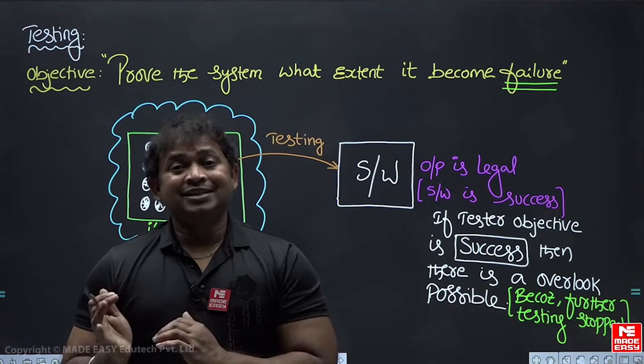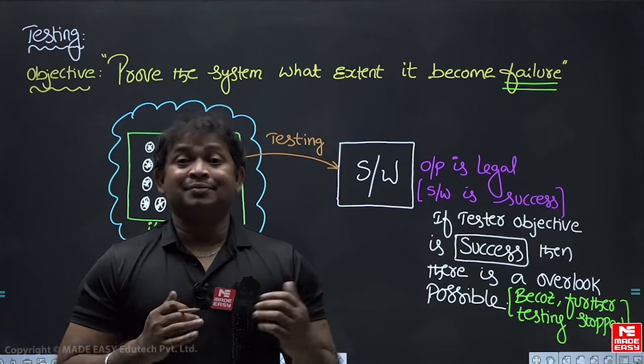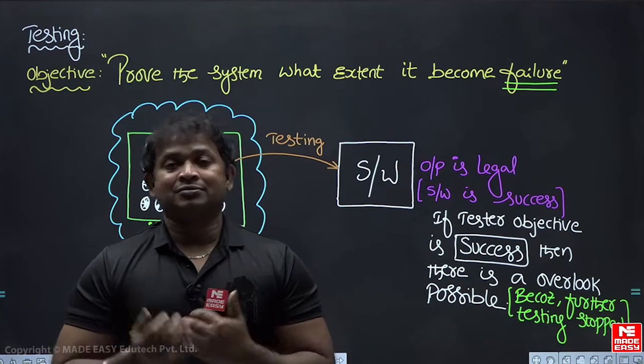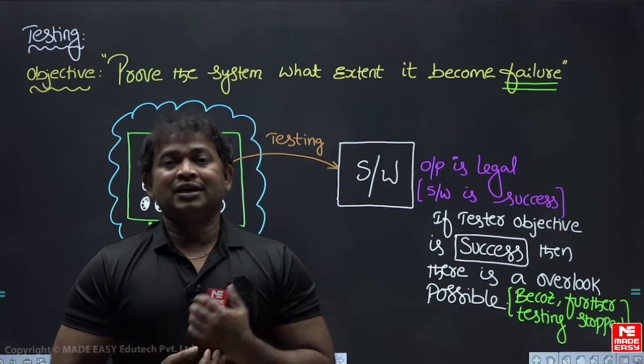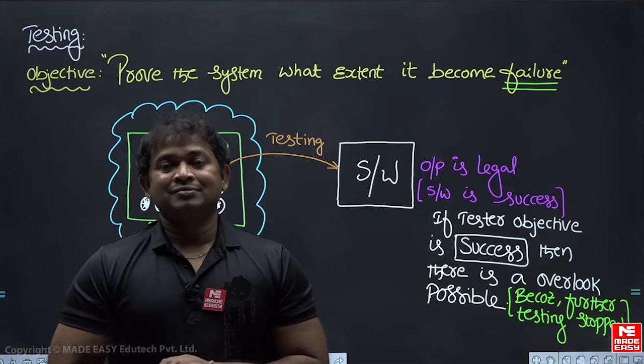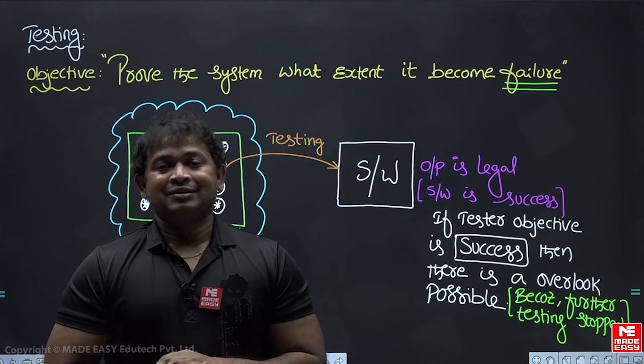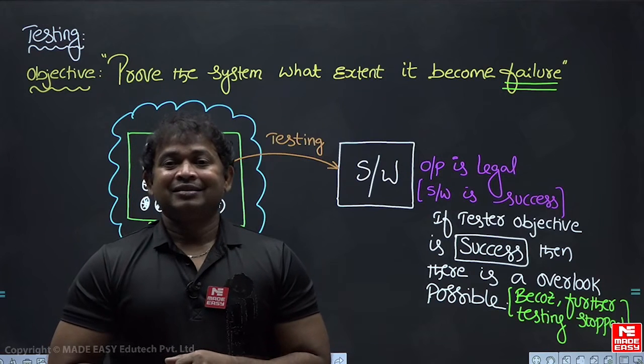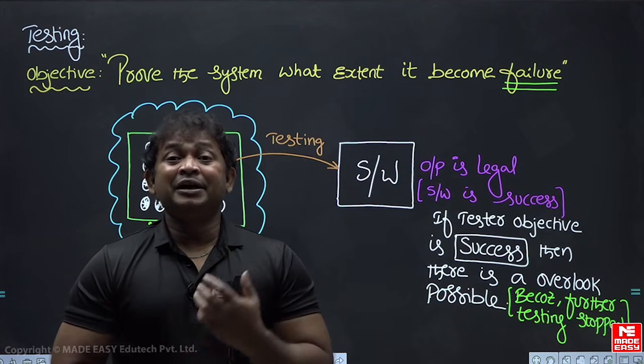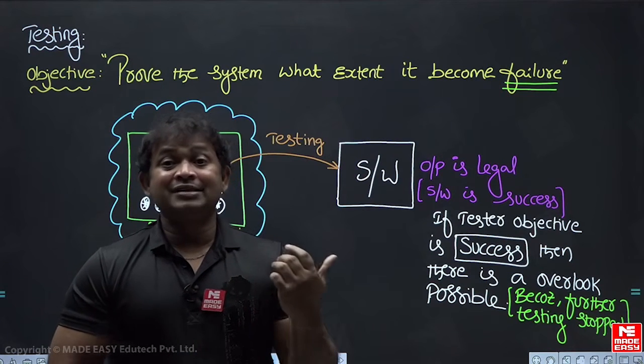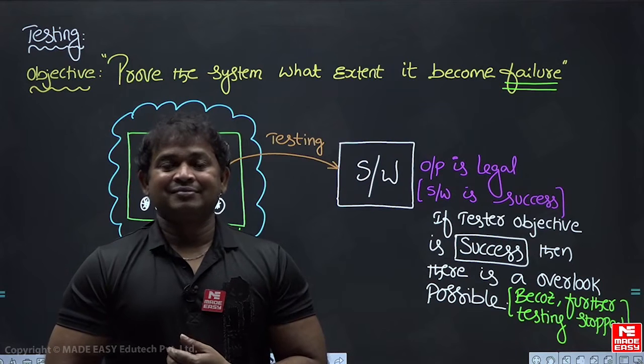So, when the tester is unable to test the system with all possible inputs, there is a possibility of system errors. Those errors become defects when the product is with the maintenance team.